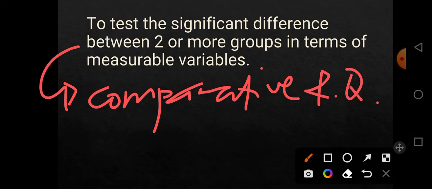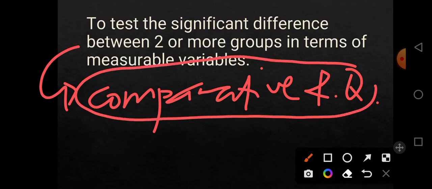Having a research that uses a comparative research question has a high chance that it uses an experimental research design. So that is the first criterion of an experimental research design. It must use a comparative research question in its specific objectives.